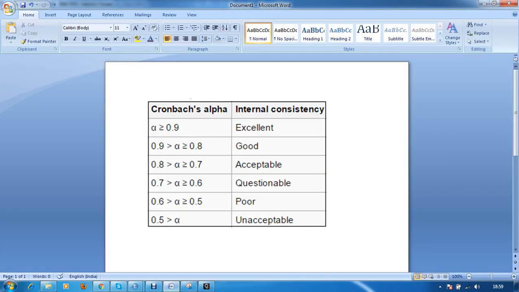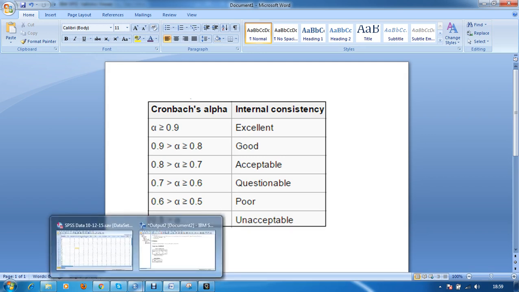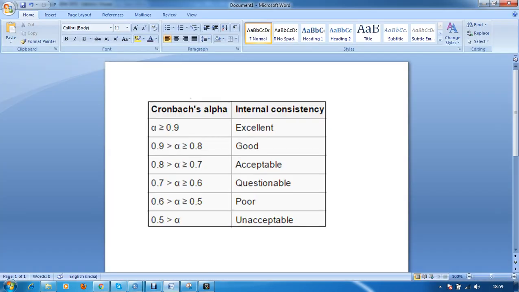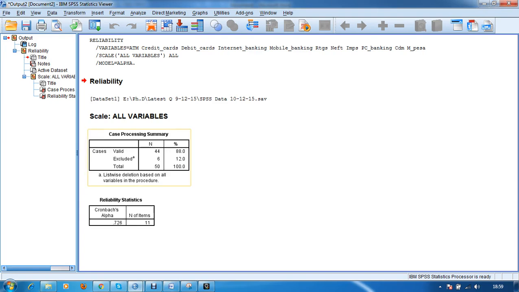So if you go by the reading here, my value is a bit greater than 0.7, which also says that the questions or the variables that I have included in my first question are acceptable, because it is exceeding 0.7. So it is acceptable.